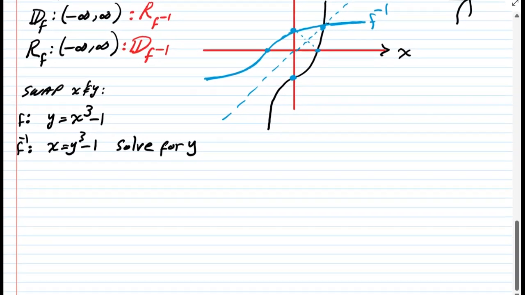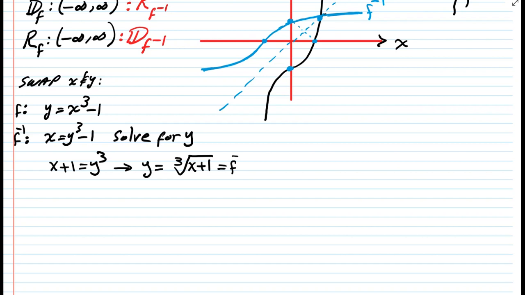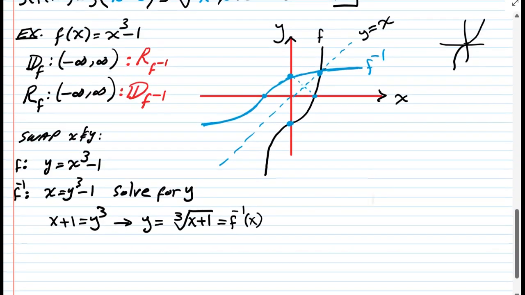Then we're going to solve for y. So how do we solve for y here? Add 1 to both sides. And then from here, if we take the cube root of both sides, we get the cube root of x plus 1. At this point, we call that the inverse function. So that is actually the equation of this blue curve that you're seeing.